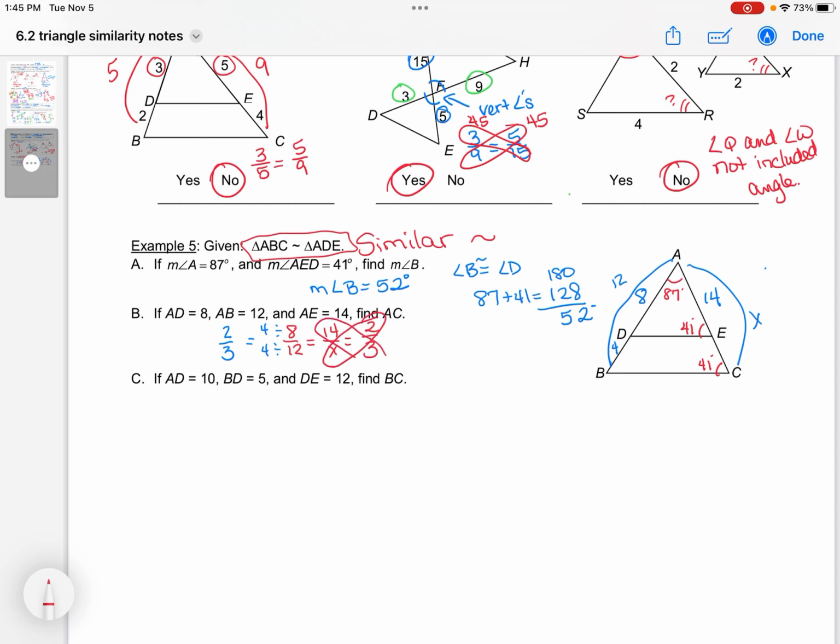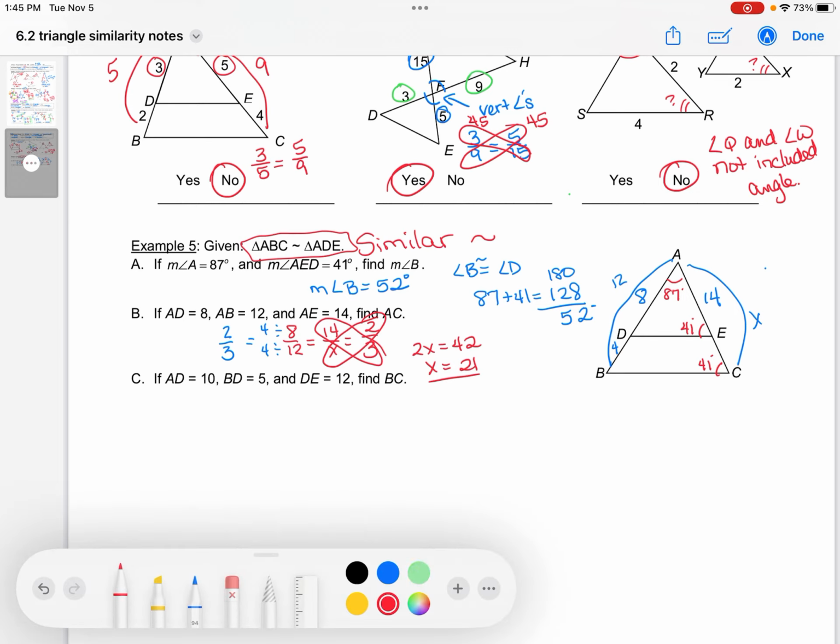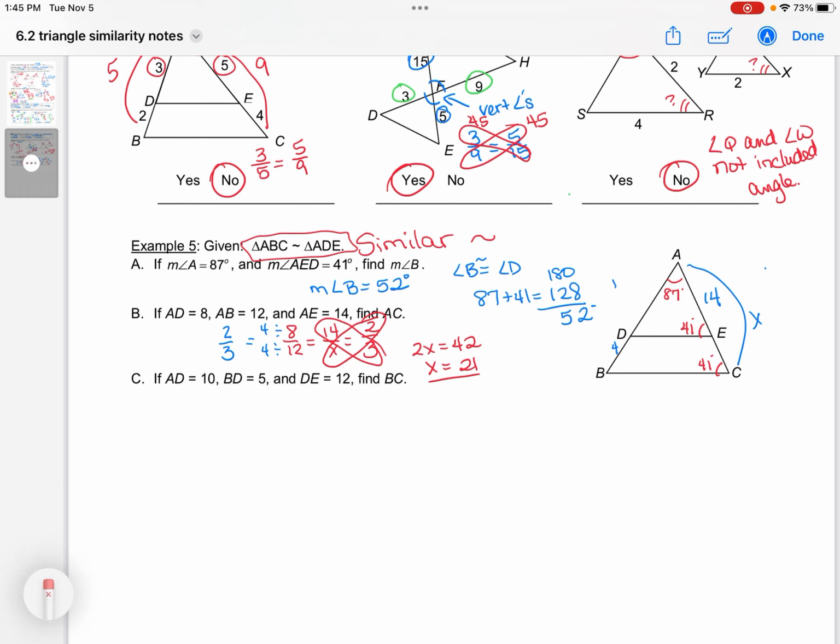Oh, that makes so much easier. 2x equals 42, x equals 21. And that makes sense. All right. AD, so I'm going to erase those basically, because now I'm going to have new numbers. So I'll just erase the number parts. I'll leave the angle part.